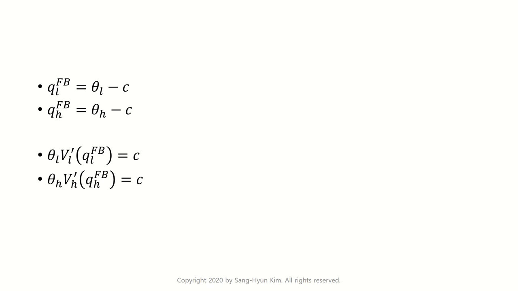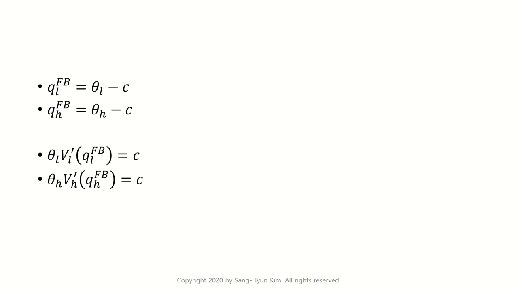So you see the 4 equations. The first 2 equations are equivalent to the last 2 equations, so you can write it either way. Let's look at the bottom 2 equations. On the left hand side, you see the marginal utility of consuming this good, and on the right hand side you have the marginal cost.